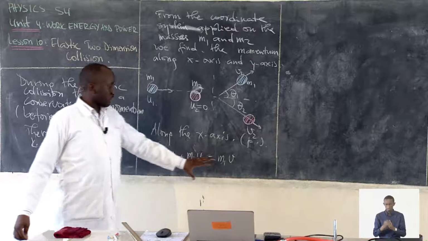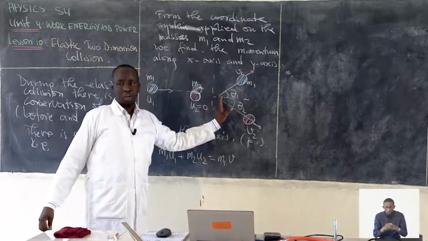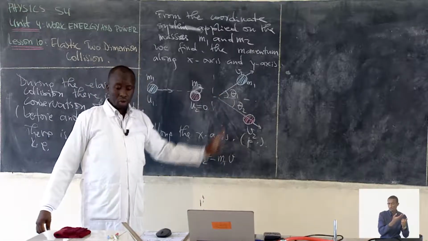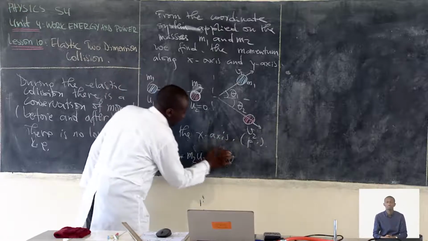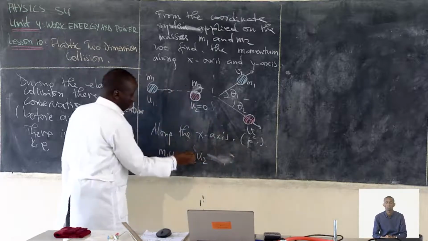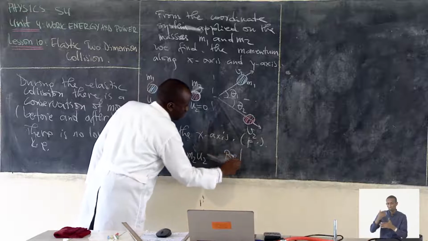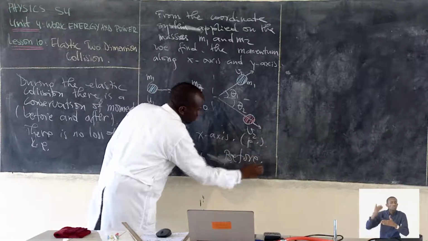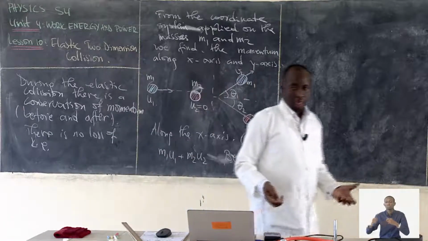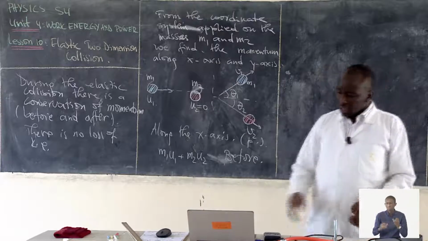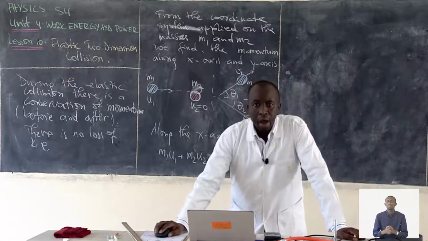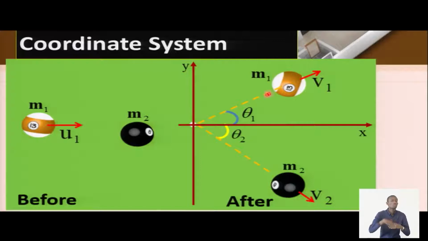Pay attention: what will it be after collision? As you see on this diagram, after collision, we have the component of the velocity along the x-axis. Do you see here?